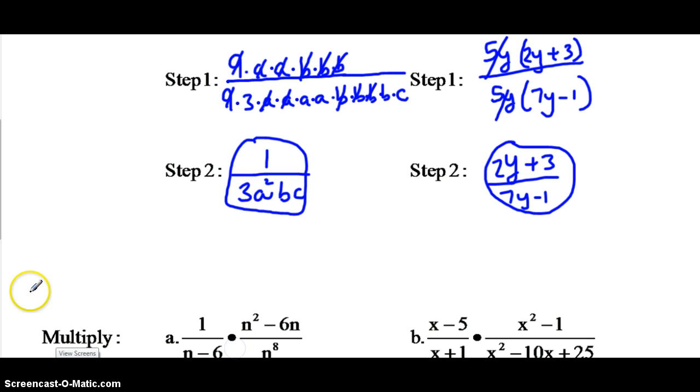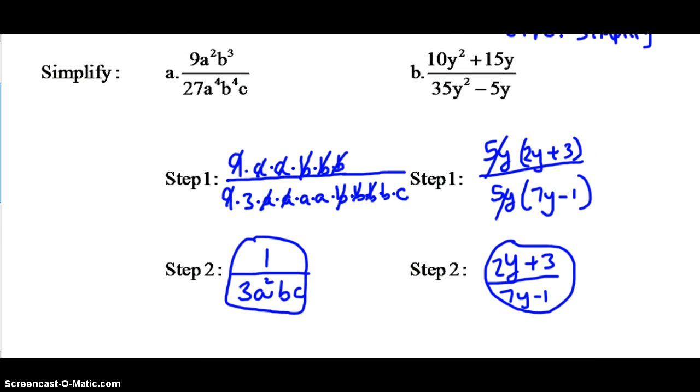So for A, we just broke down all the factors. So 9, I know, has a factor in the denominator as well. 27 is 9 times 3. We could break it down farther, but we don't have to.